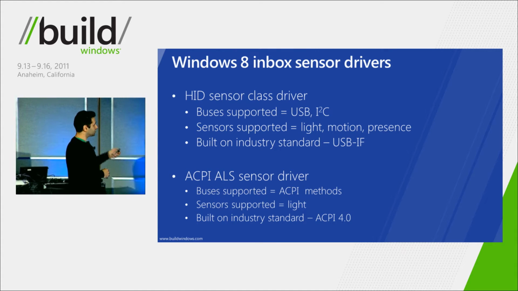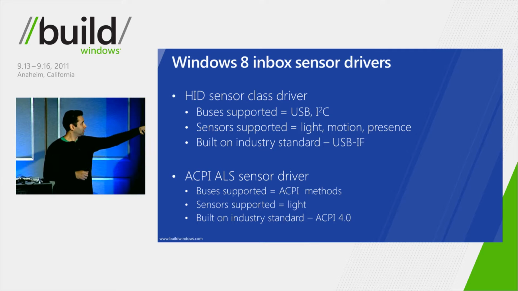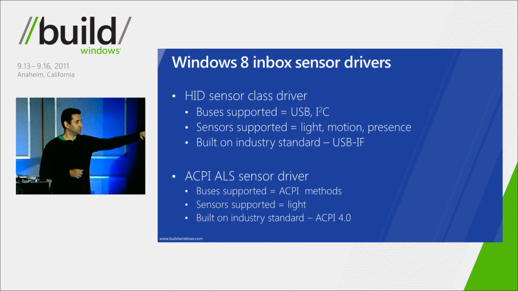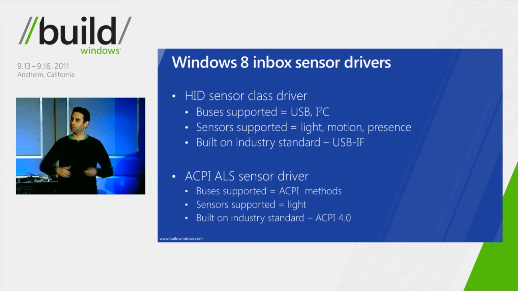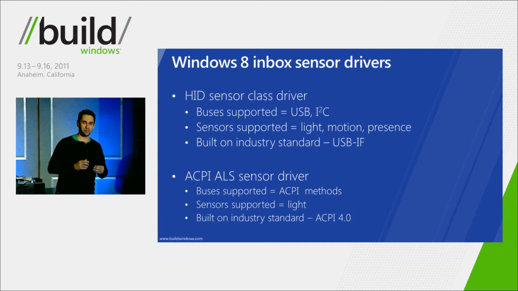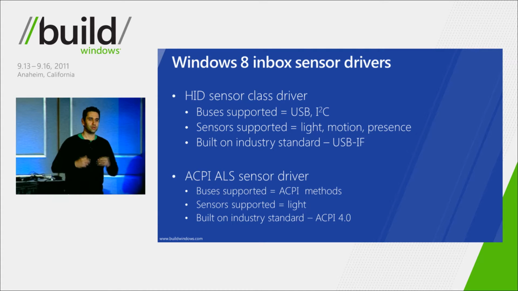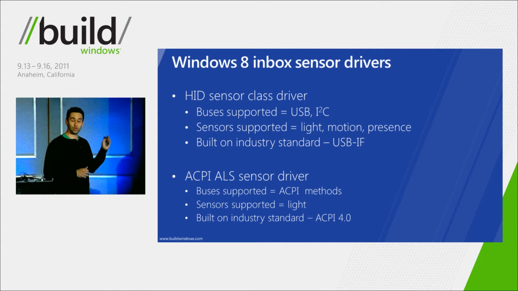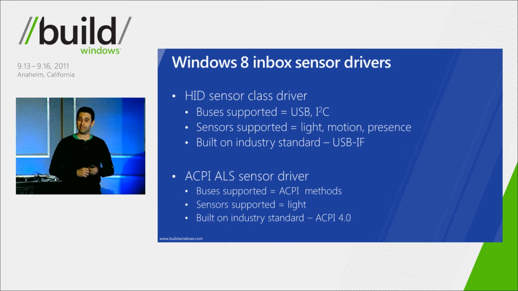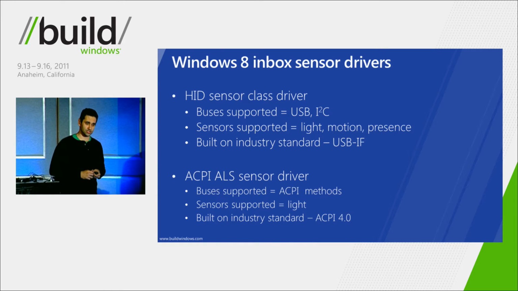The sensors that are supported by HID I2C are the light, the motion, and the presence sensors. Those are our tier 1 sensors. But a few of you also asked the question, what about the other sensors? We have more. It's more than just the light sensor or the presence sensor. What about the rest of them? I was told by my team that we actually support about 20 different types of sensors using this class driver.